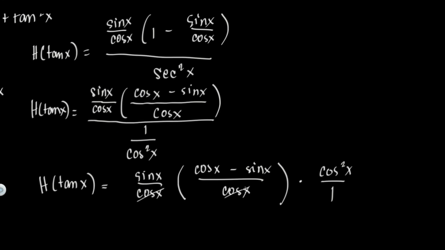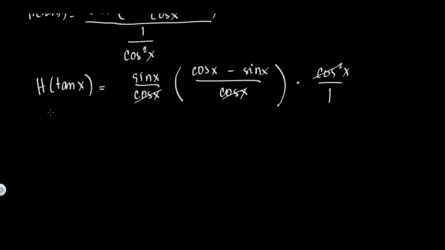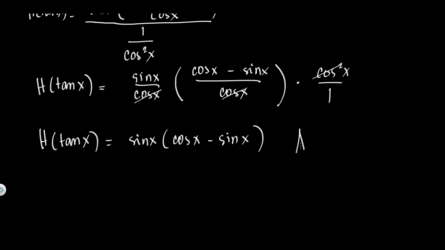So, cosine square x sa baba, cosine square x sa taas. Cancel. Okay? Then, ano yung natira? H of tangent x is equal to sine x times cosine x minus sine x. Okay? So, this is now your answer.